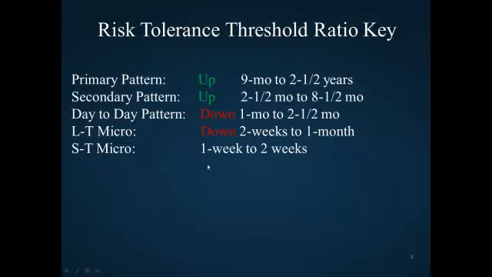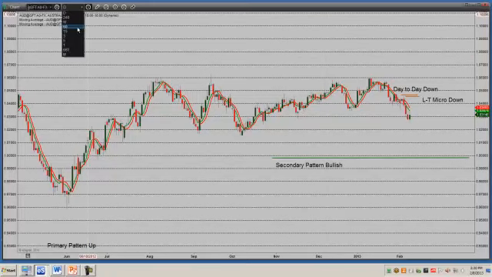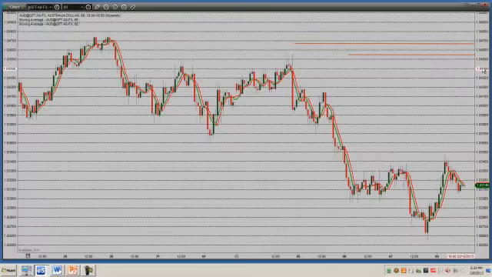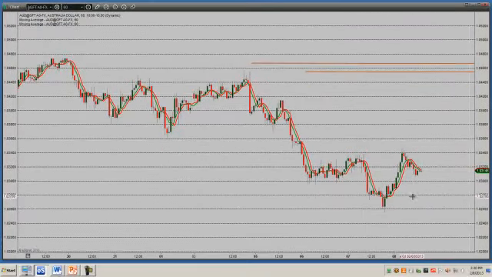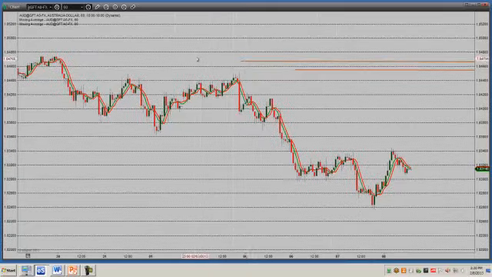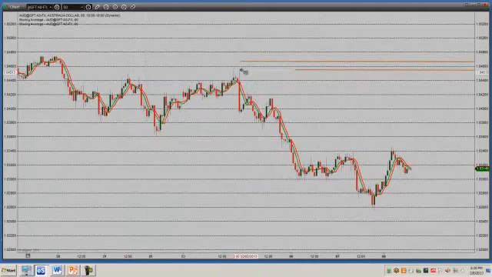Now let's calculate that short-term micro. That's going to be 1 week to 2 weeks. Well, I think we can go to an hourly chart to calculate that. So we're on an hourly chart. If we go back 1, 2, 3, 4, 5 days, we take just the high to low over that 5-day period.